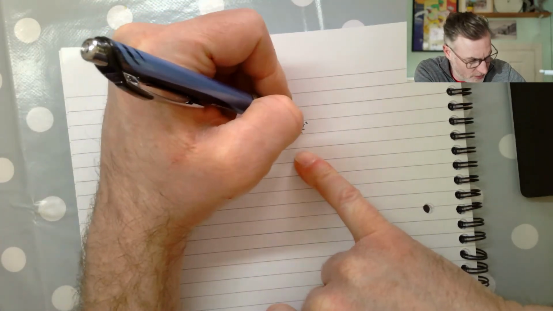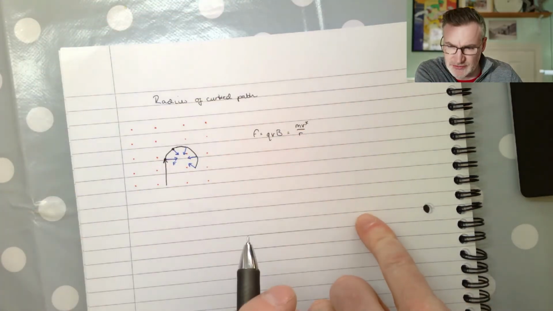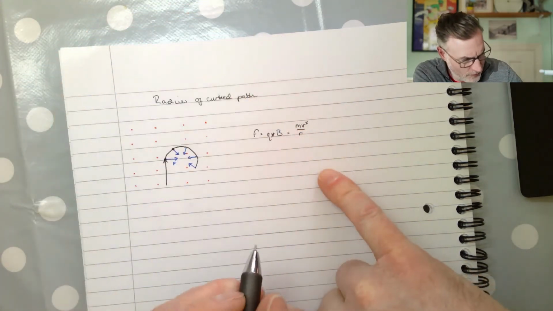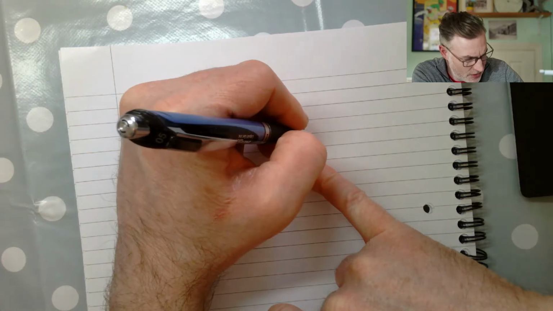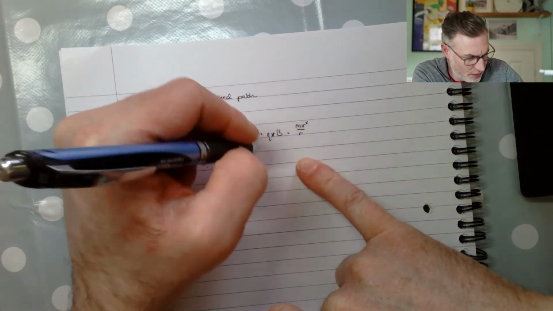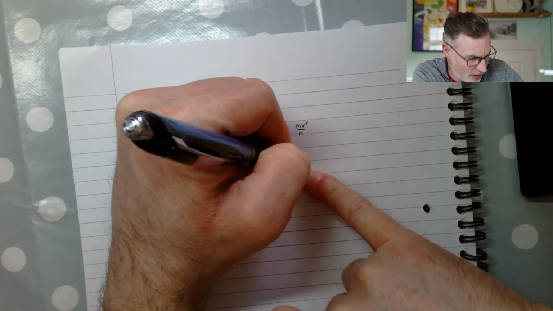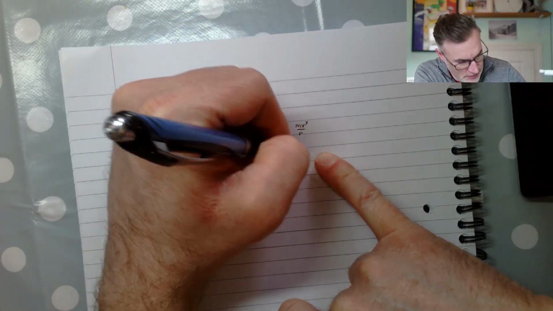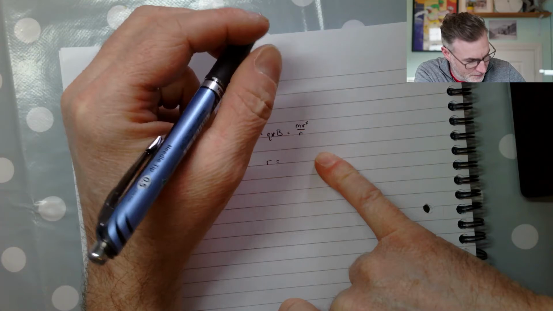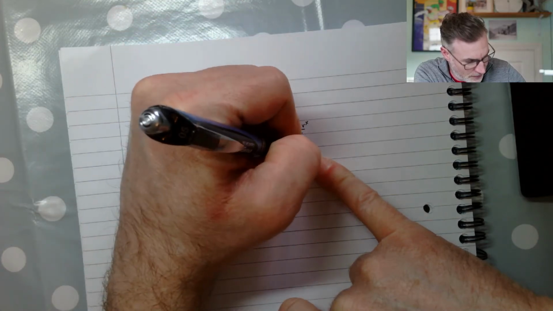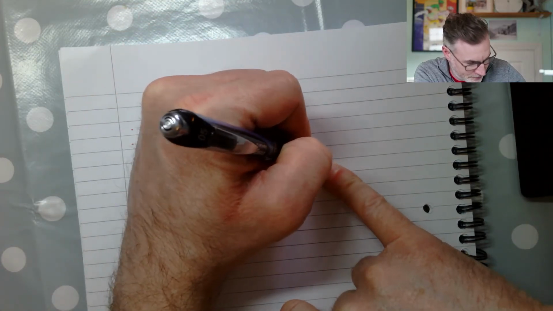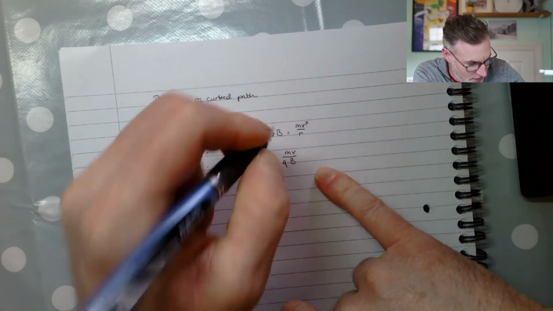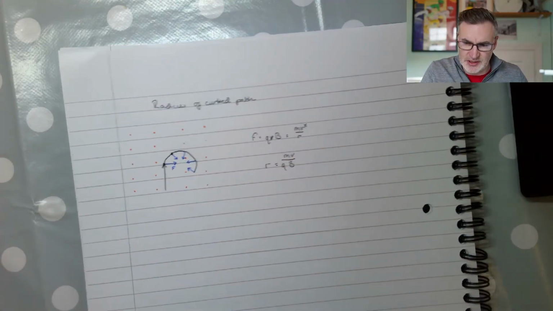So velocity here gets rid of the square, and gets rid of this. Take r up here and qb down here, cross multiplying, we're left with r is equal to mv over qb.